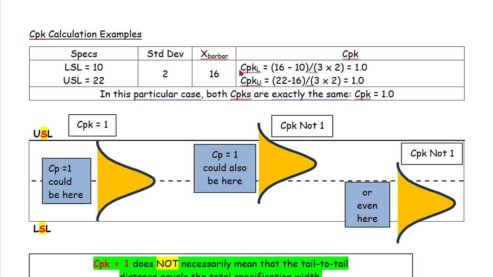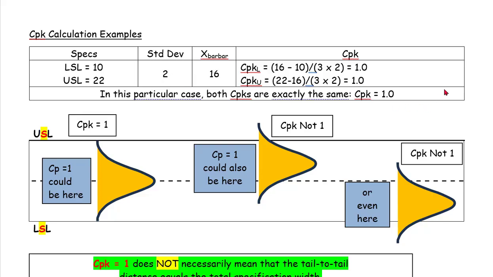So the CPKL is going to be our X bar minus the lower spec limit divided by 3 times the standard deviation. So X bar 16 minus lower specification 10 divided by 3 times the standard deviation, and that arrives at a CPK of 1.0. The CPKU is going to be the upper specification limit minus X bar divided by 3 times the standard deviation, equals 1.